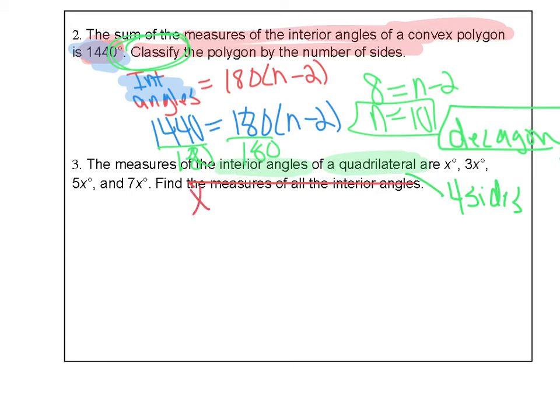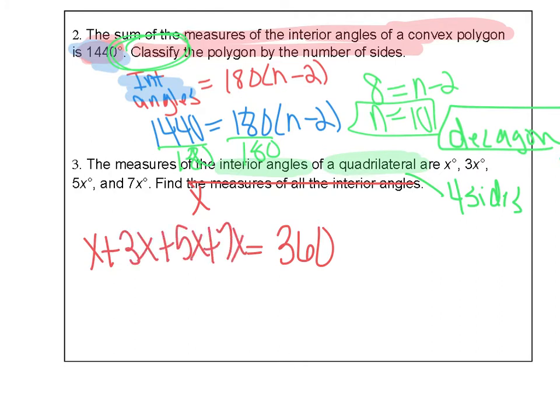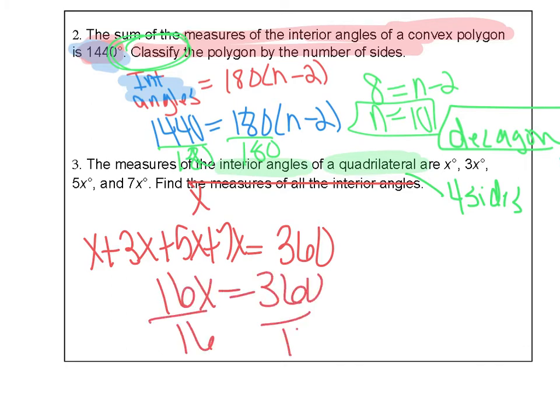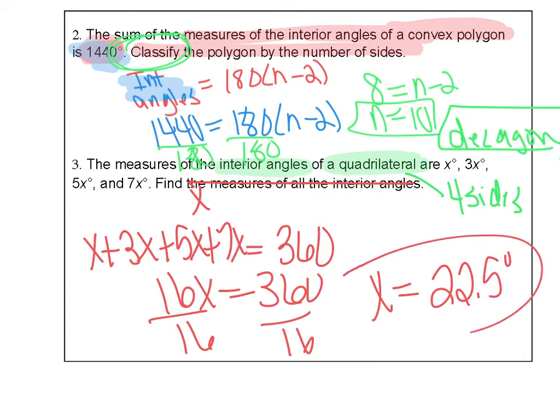We know if it has 4 sides, all of those angles have to add up to 360 degrees. So x plus 3x plus 5x plus 7x, since they're all in a quadrilateral, add up to 360. When we combine our like terms, we get 16x equals 360. And if we divide by 16, we're going to have to round just a little bit, and we would get 22.5 degrees.